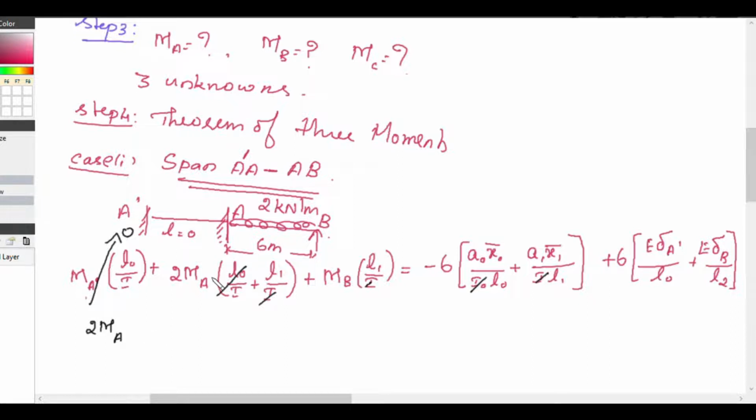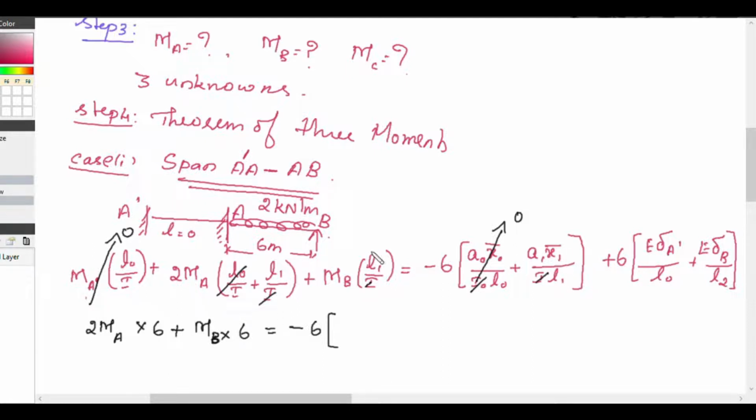L1 is 6 meter plus MB into L1 is 6 is equal to minus 6 into, this is an imaginary span, so 0, plus A1 x1 bar by L1.